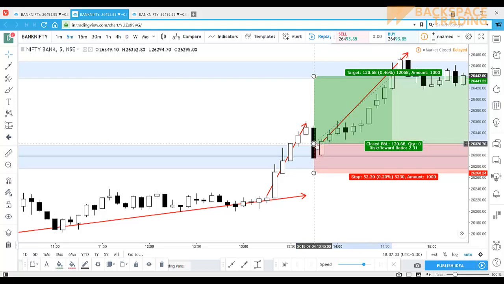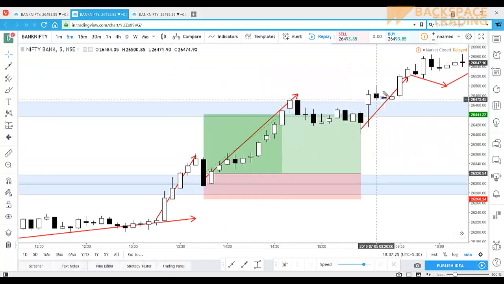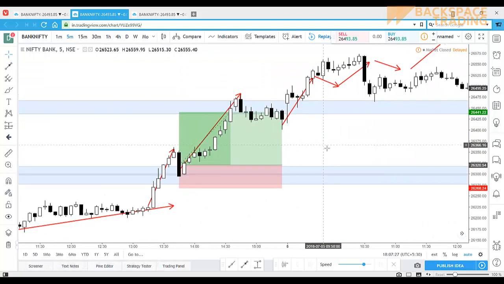And with that in perception, look for the risk and the reward. Here the risk reward ratio was 2.3, meaning for 1 rupee risk you will earn 2.3 rupees, which is awesome actually, I would say. So that is fair enough. And here you would have earned another set of money.